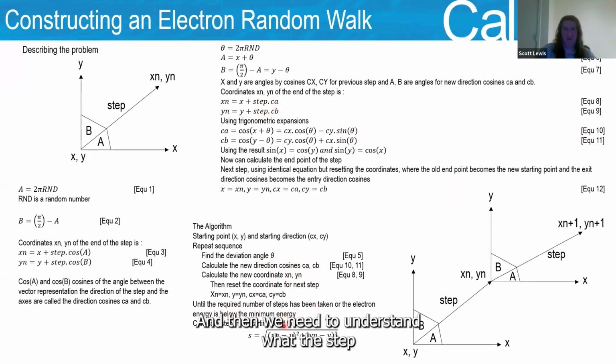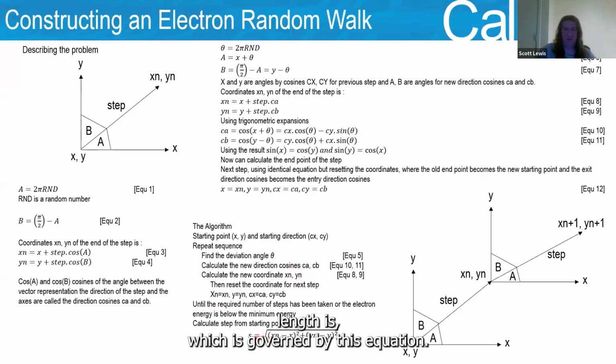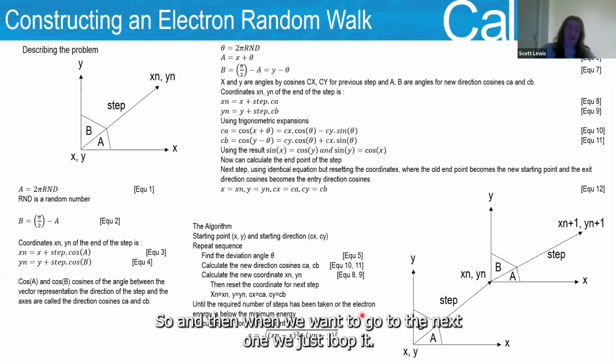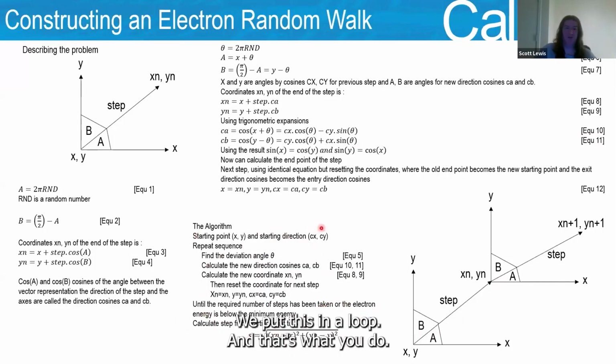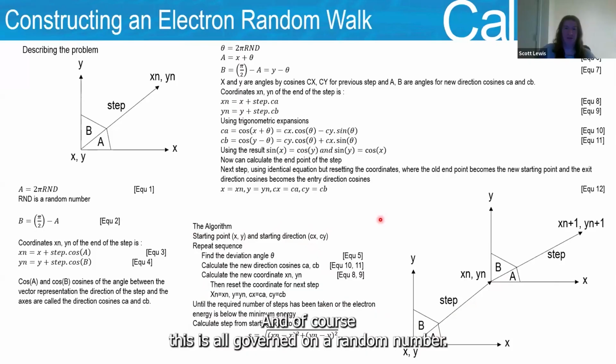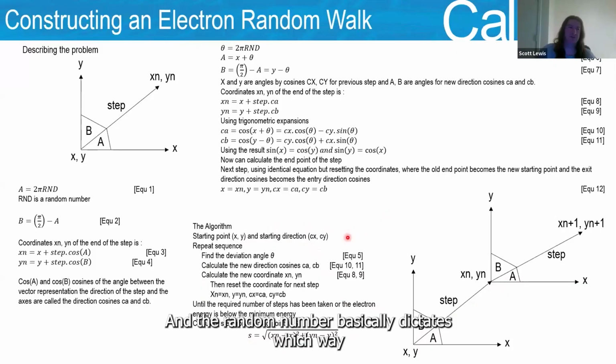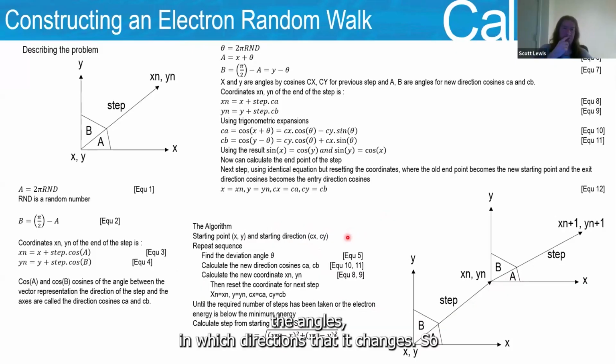And then we need to understand what the step length is, which is governed by this equation. Okay. And then when we want to go to the next one, we just loop it. We put this in a loop, and that's what we do. And of course, this is all governed by a random number, and the random number basically dictates which way the angles are and which directions it changes. So the probability of one random walk looking like another is pretty slim.